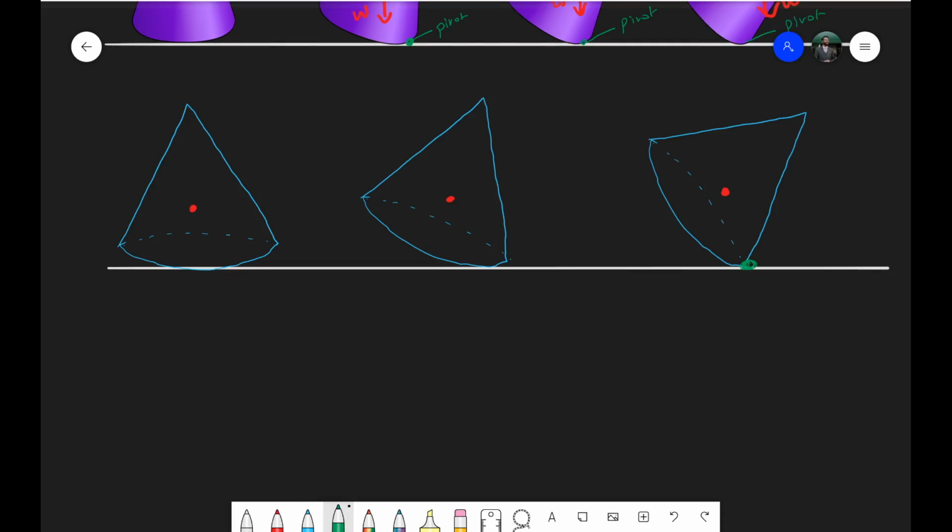So in order to increase stability, you actually can do two things. One thing is to use a wider base. Another thing is to lower the center of gravity. Now how do you lower the center of gravity?